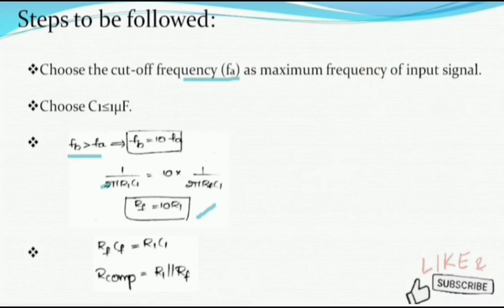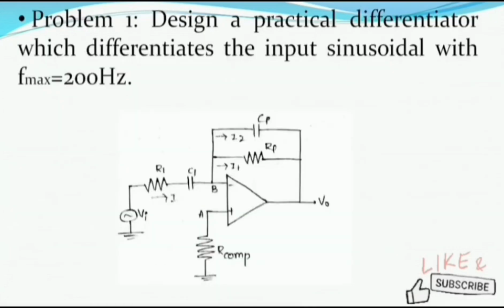Now let us see one example of designing a practical differentiator circuit with the given input signal frequency. They have asked: design a practical differentiator which differentiates the input sinusoidal signal with the maximum frequency of 200 Hz. For this problem we have to draw the practical differentiator circuit. Here they have given the maximum input signal frequency as 200 Hz.